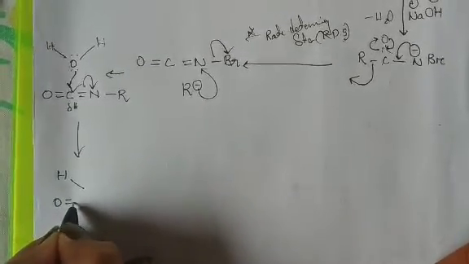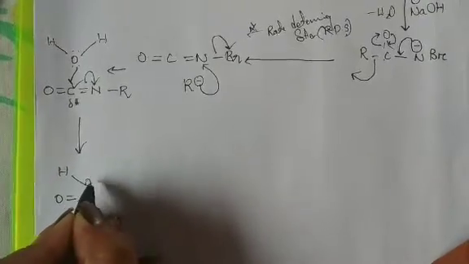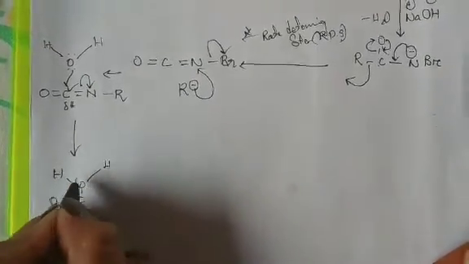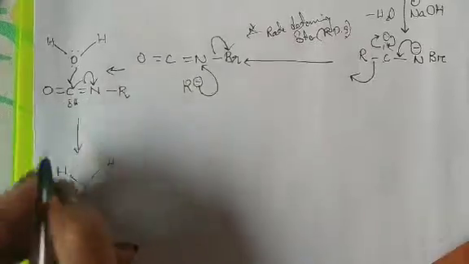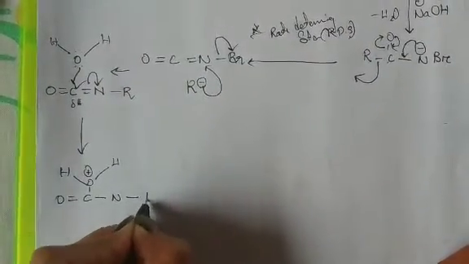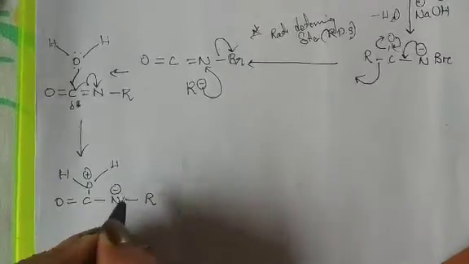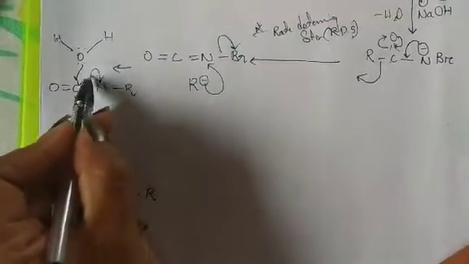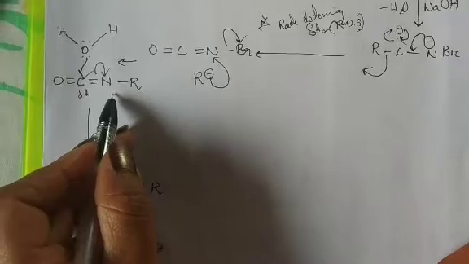O double bond C, the water molecule is here. Oxygen has already donated its electron, therefore it will become positive, and then N R, the nitrogen will become negative because an excess of electrons has been added to the nitrogen atom.